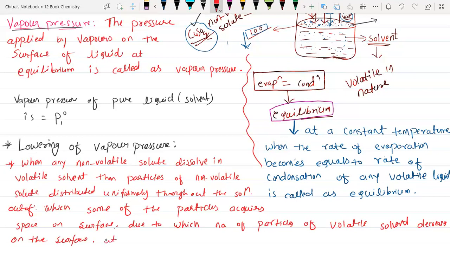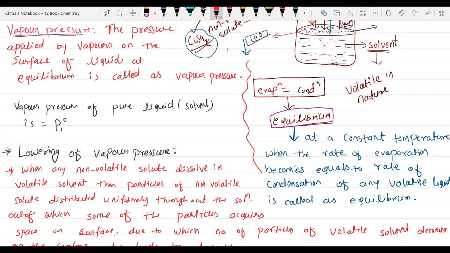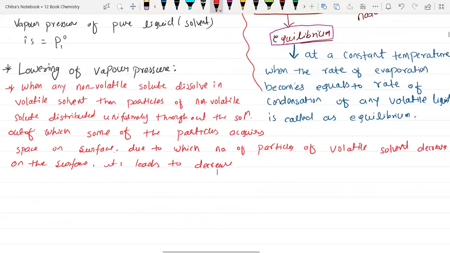It leads to a decrease in the rate of evaporation, right?